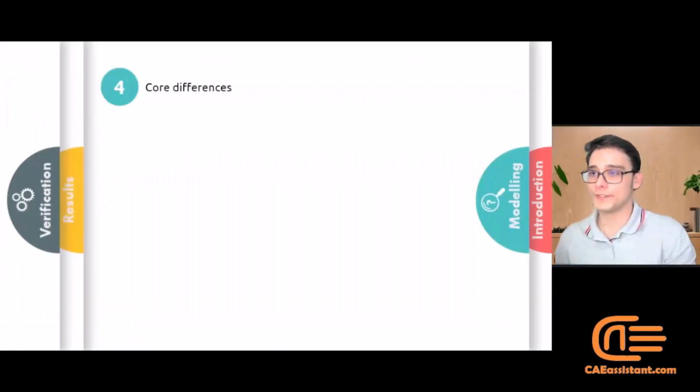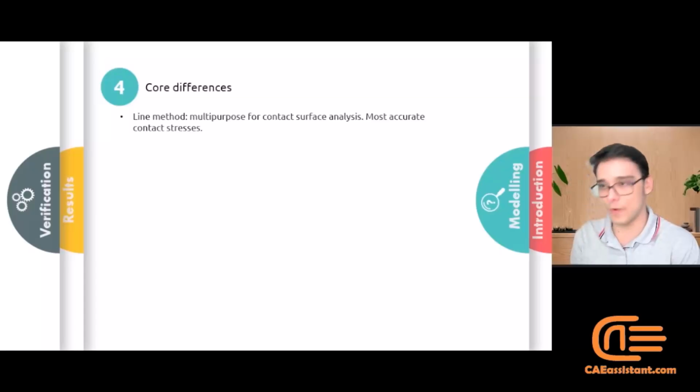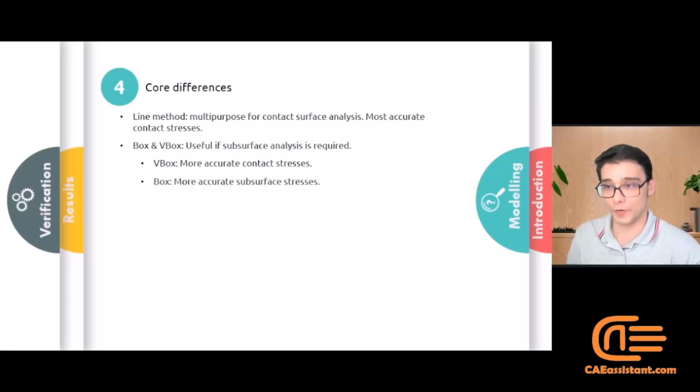The core differences between these methodologies are that the line method is a multi-purpose method. It can be used whenever you just want to analyze the contact surface. Between all of them, it is the most accurate one with contact stresses. The box and the variable box methods are both useful if subsurface analysis is required.